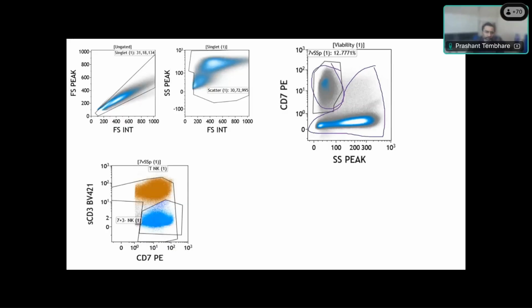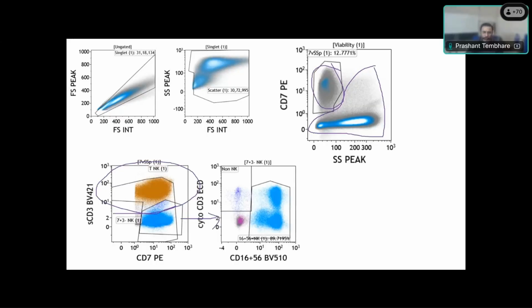Now, we have to remove mature T cells. So we remove mature T cells using surface CD3 expression. Once we remove surface CD3 expression, then we have CD7 positive cells. Then what we do? We remove the NK cells by using 16 and 56. So all NK cells are removed by using 16 and 56, and dendritic cells and myeloid blasts are removed by using cytoplasmic CD3.